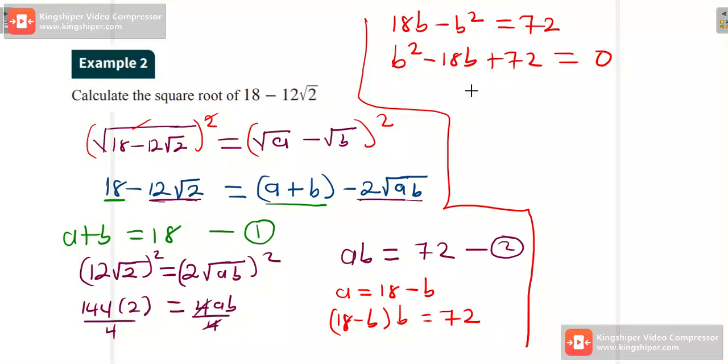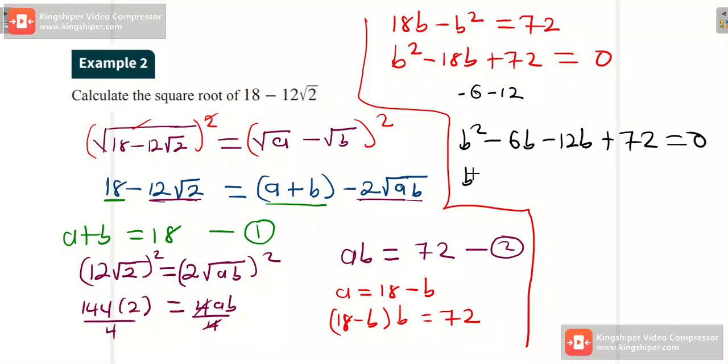So those two numbers will be definitely 6 and 12. 6 plus 12 is positive 18, but here we have negative 18, so we negate this and negate this. Therefore, we are going to have b squared minus 6b, then minus 12b, then plus 72 equal to 0.